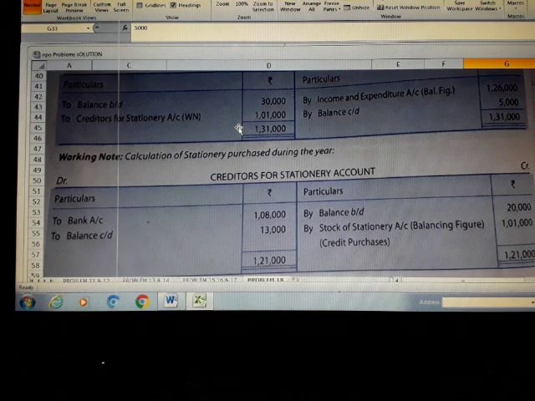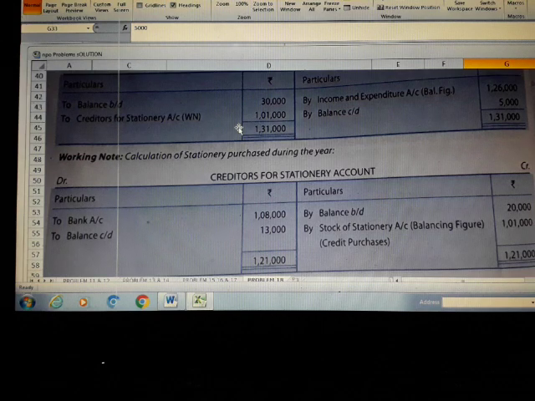So it will be 1,01,000 and 1,08,000 on my debit side, and the overall balance of both the sides will be 1,21,000 in my creditors account.